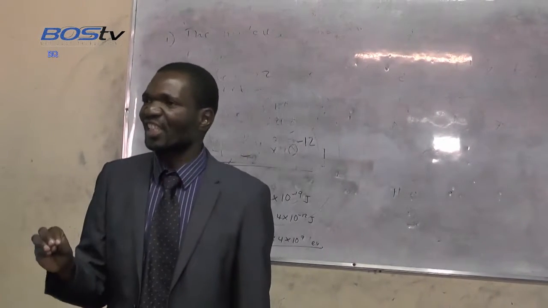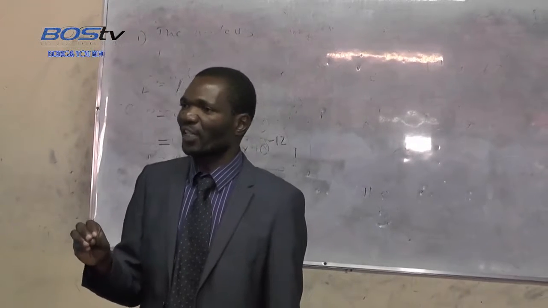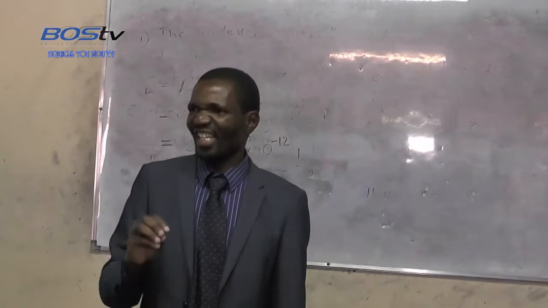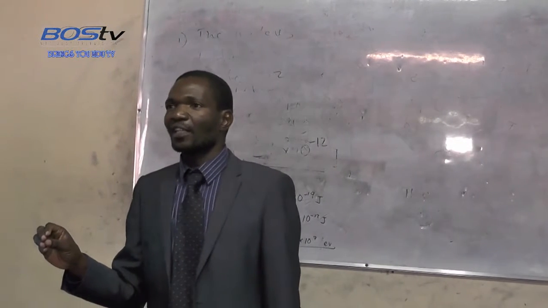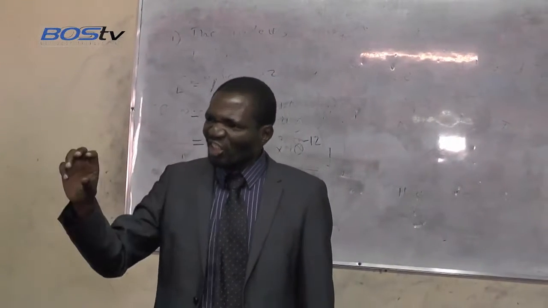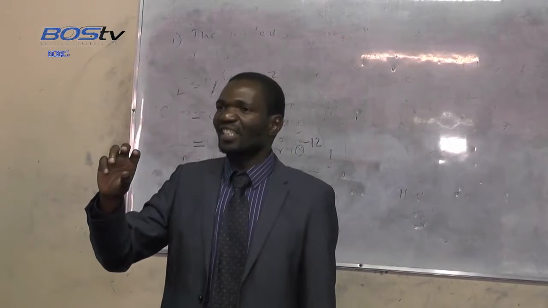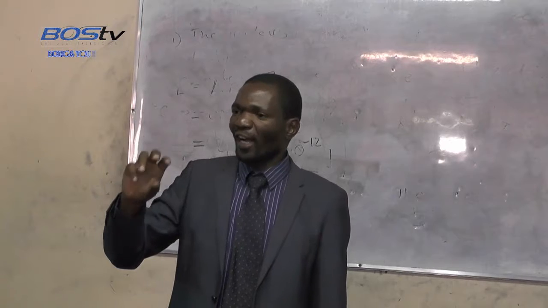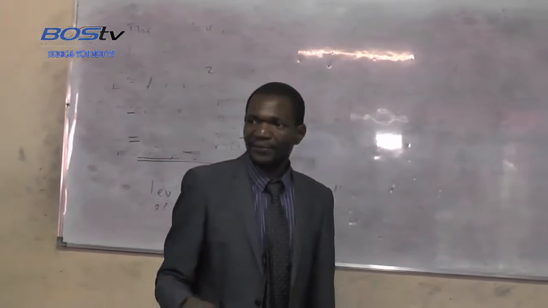So that energy released when a nucleus is formed is the one which we refer to as what? Binding energy. So when a nucleus is formed, there is going to be a change in mass, because that mass is going to be converted into the energy equivalent required to form binding energy. Are we together? Right.